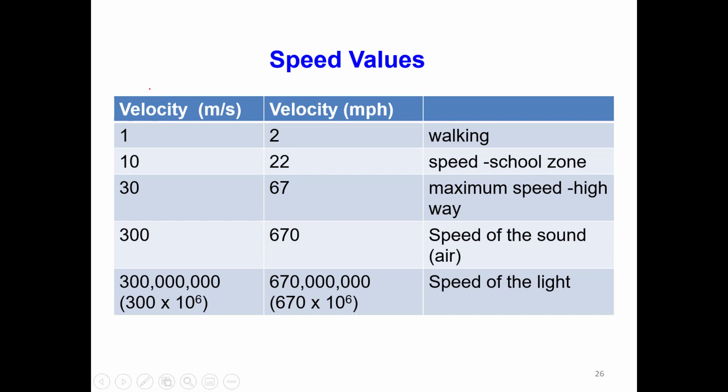Again, I am just doing this so you have an idea, when we are talking about the 300 or 350 and 300 million, of how we can compare those velocities.